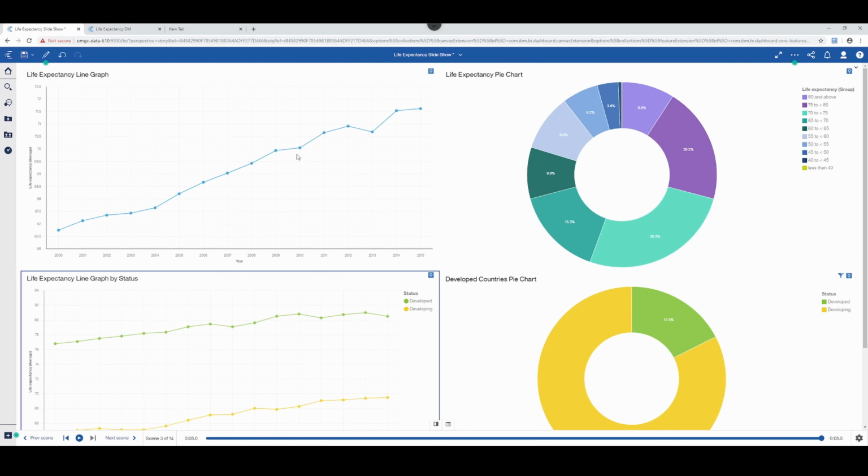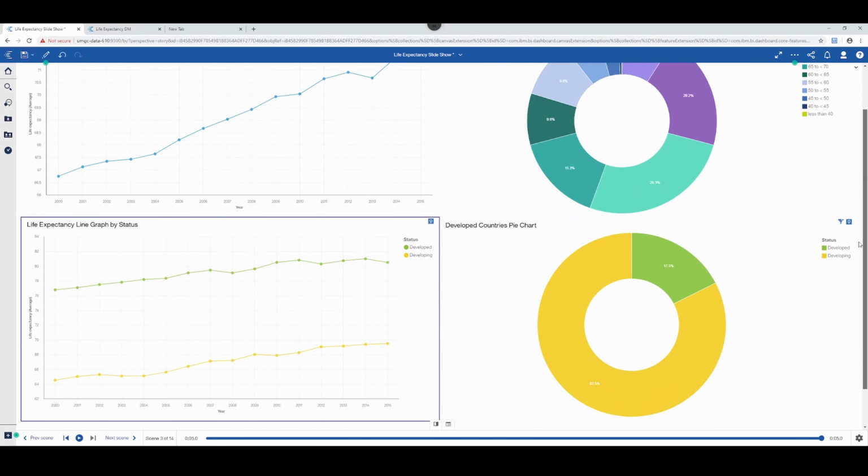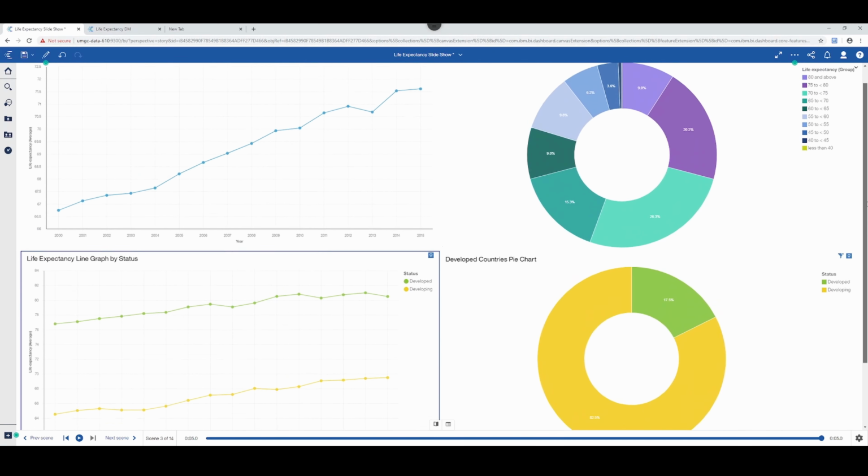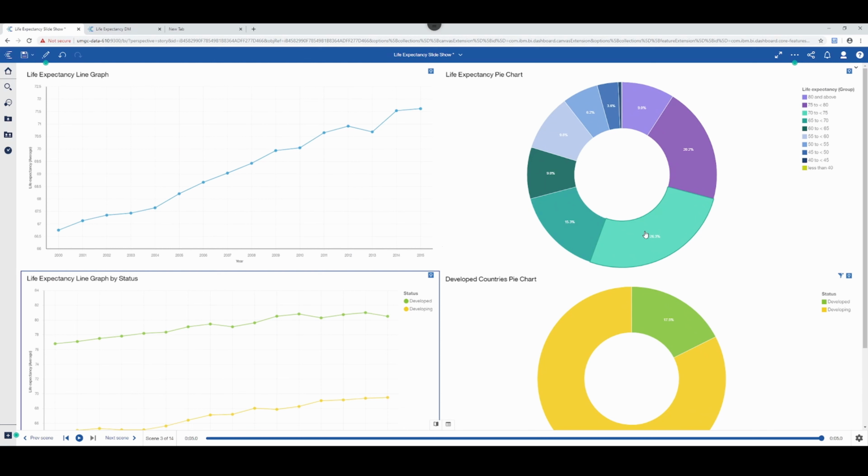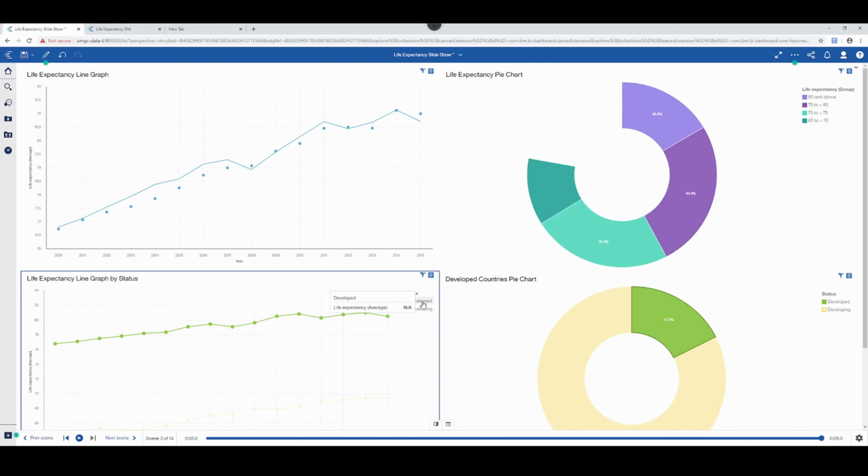As mentioned before, these are interactive. If we click on any specific data point, it will change all the other visualizations accordingly. So if we want to just look at developed countries, for example, we can see the life expectancy changes drastically here in this pie chart.